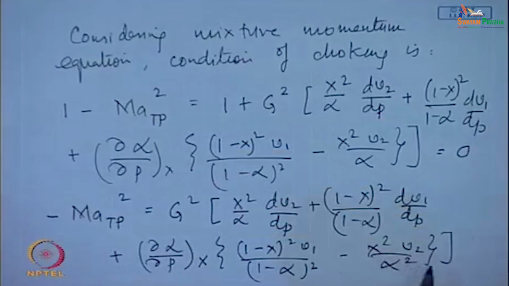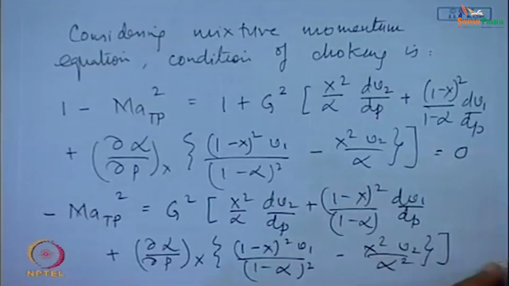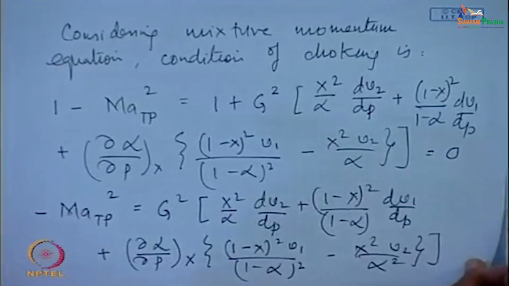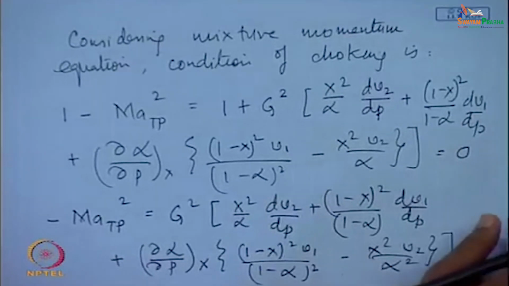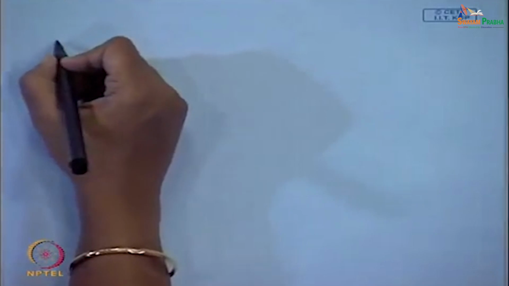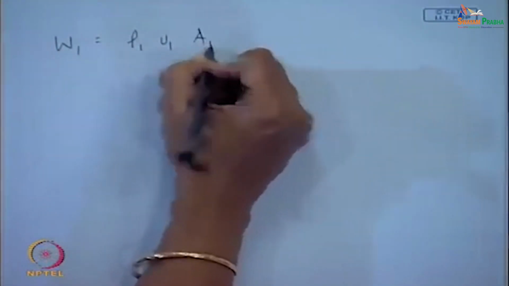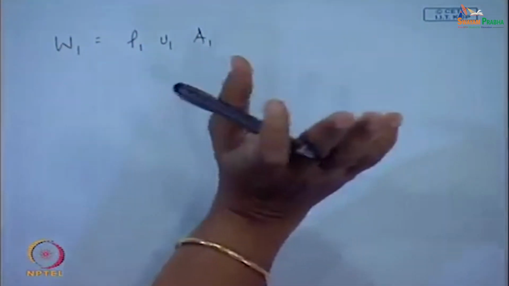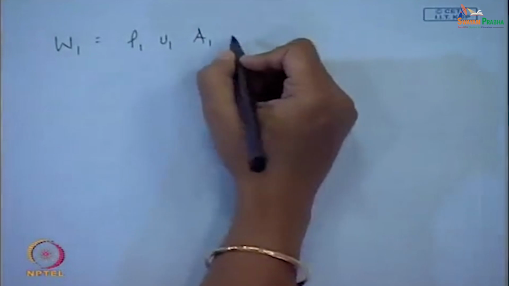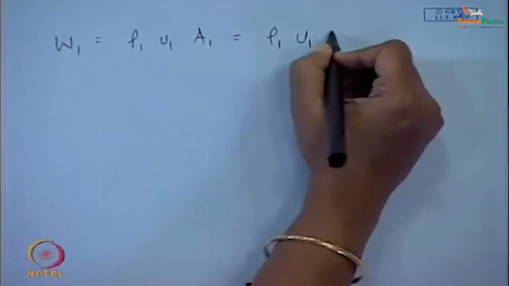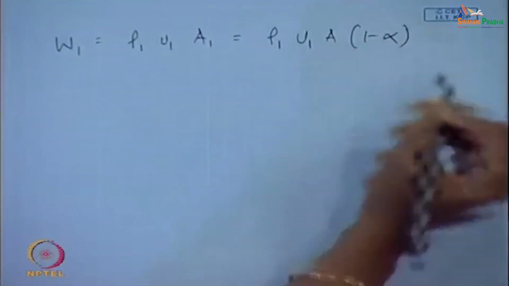So, again we will start from the basic equations, the equation of continuity and the basic definitions of W2 etc. So, what were the basic equations that we derived? W1 equals rho 1 U1 A1. Every day I write down these equations so that they get into your head and you do not forget how to start your derivations.